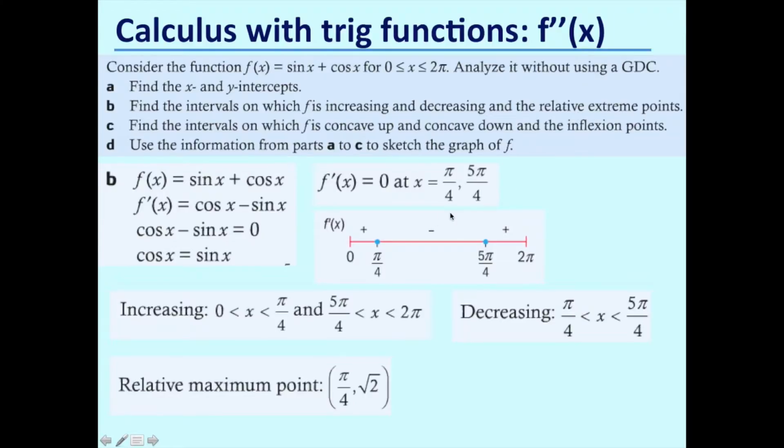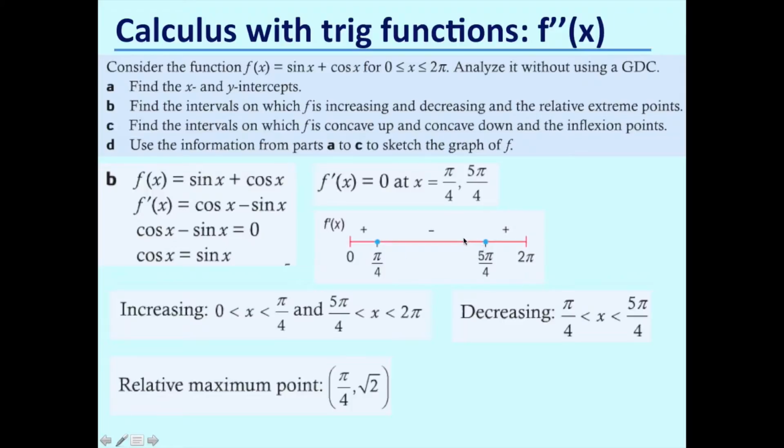Because the first derivative is changing from a positive to a negative here, in this instance we are looking at a relative maximum point, because the function is increasing up until here and then decreasing.